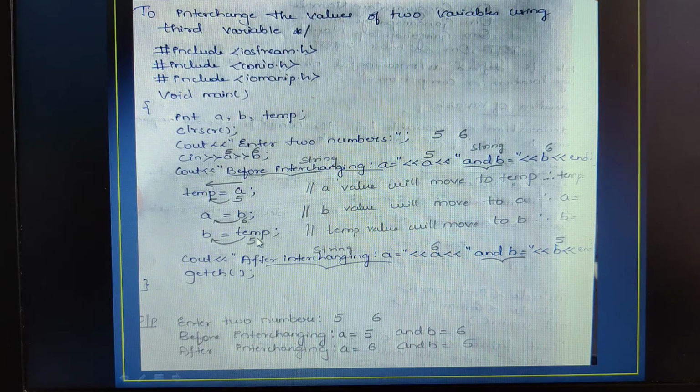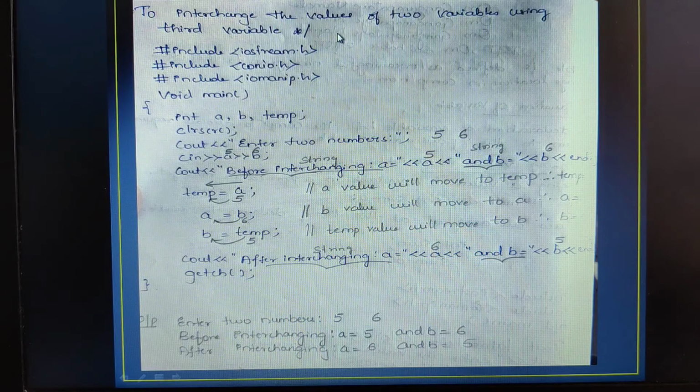The value 5 is there, that value will be moved into the variable b. So b, which previously had 6, will erase it and the new value will be rewritten in b. Therefore after interchanging, the value of a will become 6 and the value of b will become 5. So this is how the program works to interchange the values of two variables using a third variable.